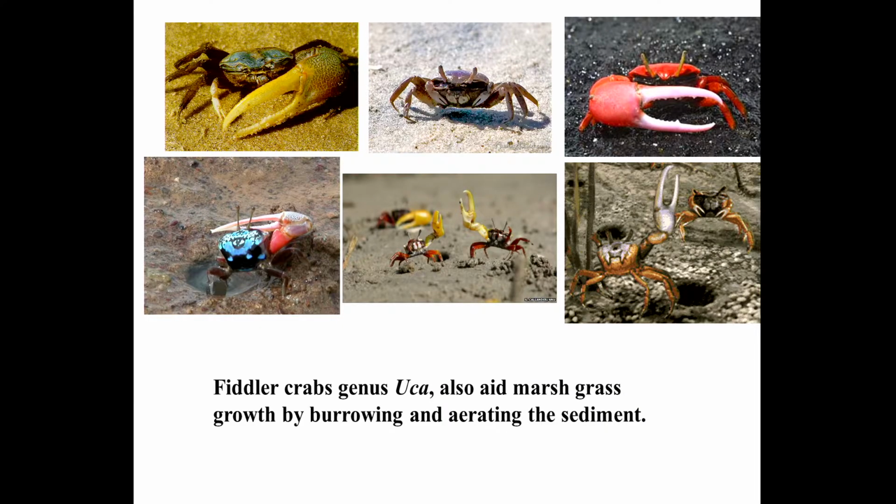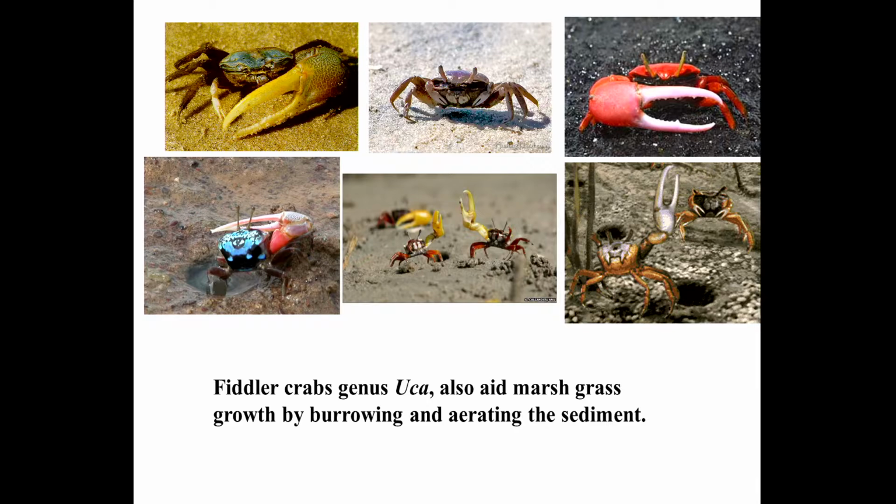Some other important animals in marshes are fiddler crabs, and I'm showing some pictures of really beautiful ones. This one and this one, these are really beautiful ones that we've studied in the Pacific. Unfortunately, these really beautiful ones aren't local. What we have locally is this one, which is quite beautiful too.